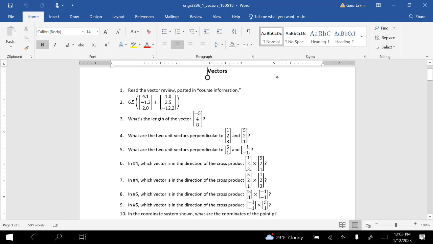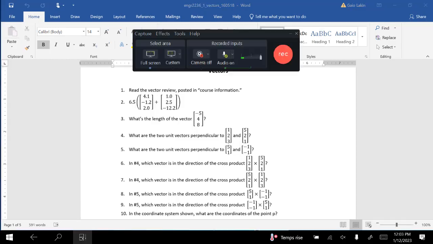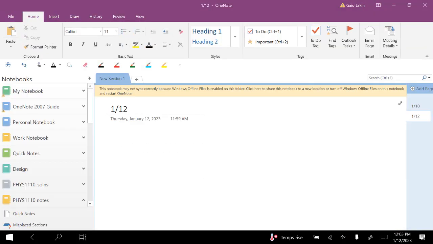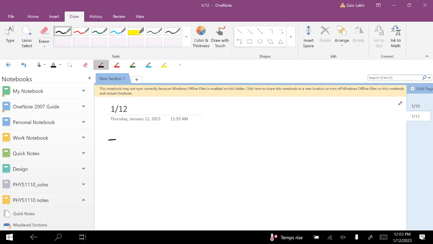So let's do a couple of the perpendicular ones. Okay, so what are 2 unit vectors perpendicular to 1, 2, 3, and 5, 2, 1? So this is number 4 in the vector problems.